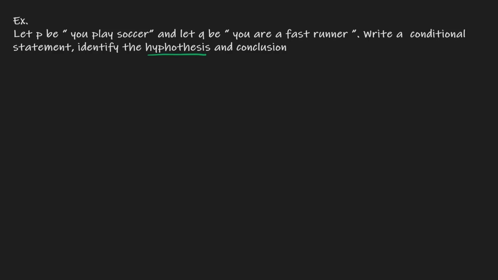My hypothesis is my statement P, you play soccer. My conclusion is the statement Q, you are a fast runner. Therefore, my conditional statement is going to look like the following.